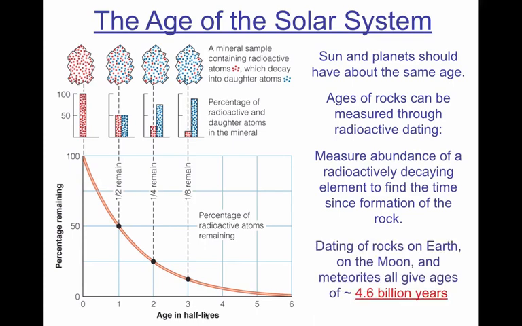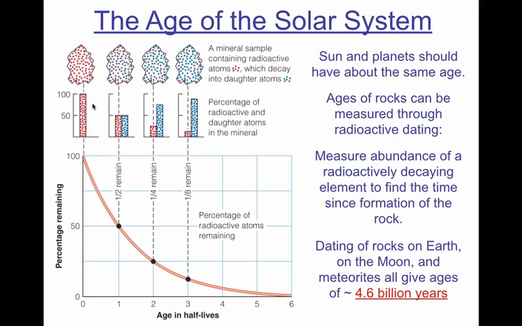So, there are certain substances out there that do something which is called radioactive decay. These are elements that will change into some other kind of element or some other isotope of the same element at a certain rate. These rates are known. So if you start out, let's say, with 100% of something, over time, half of it will turn into its resultant compound, its daughter compound, as they call it.